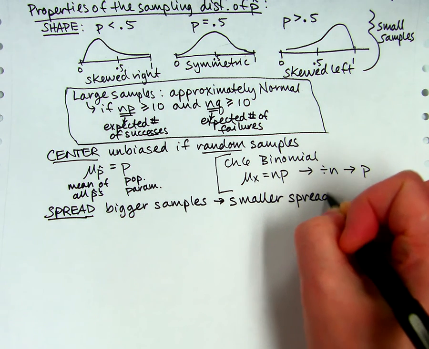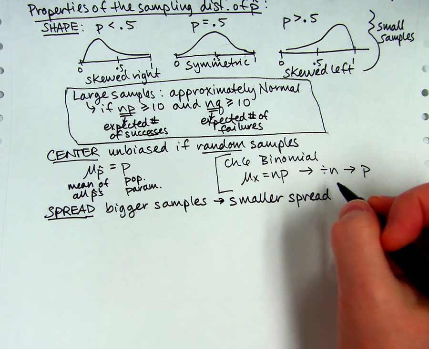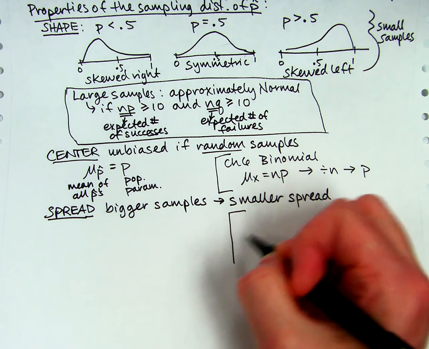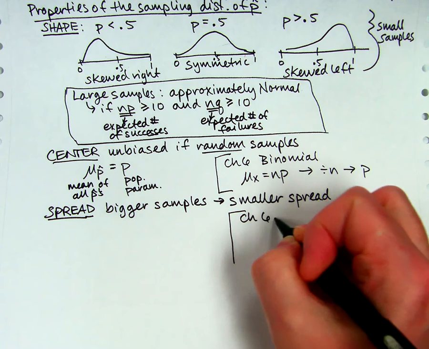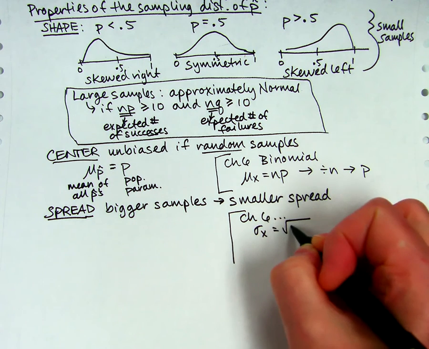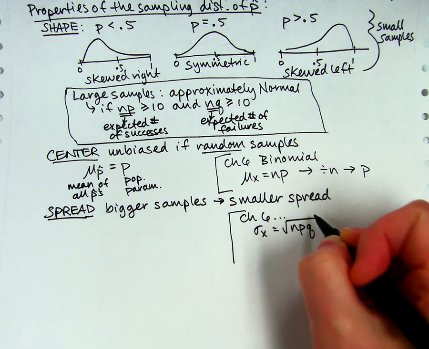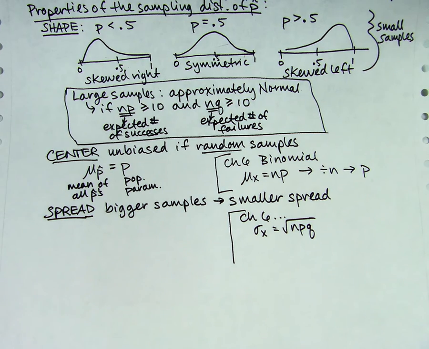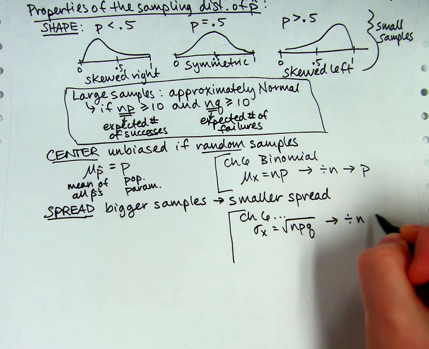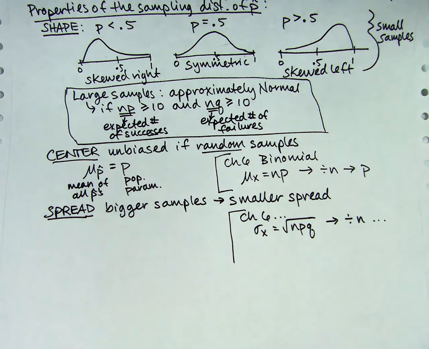And what happens is there's a formula for it. And actually, I'm going to show you the derivation first this time because it comes from chapter 6. Remember, we had standard deviation of x, and it was square root of npq, where q is 1 minus p. If you take this thing and divide it by n, I'm going to do a little bit of algebra for you.